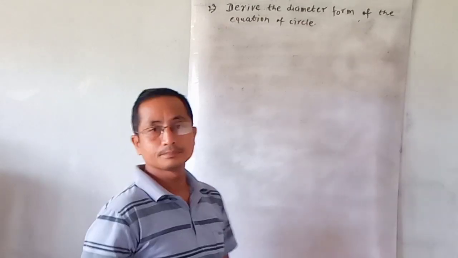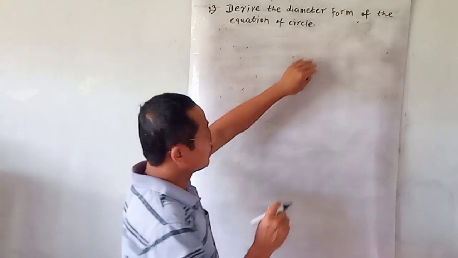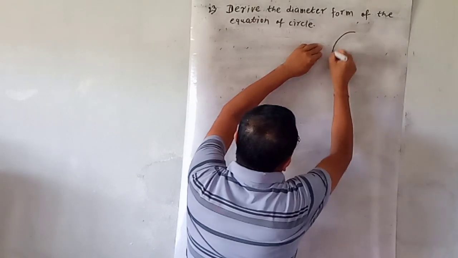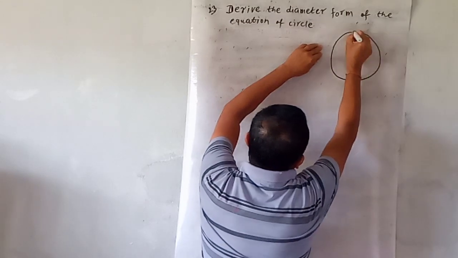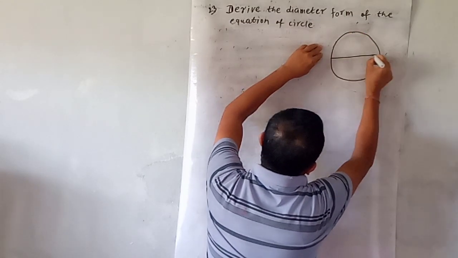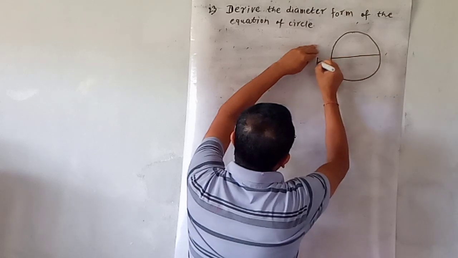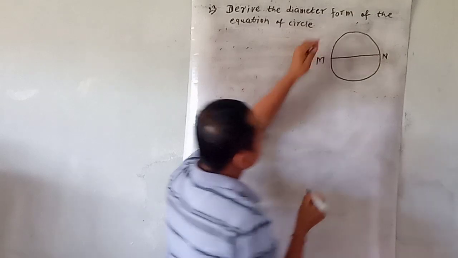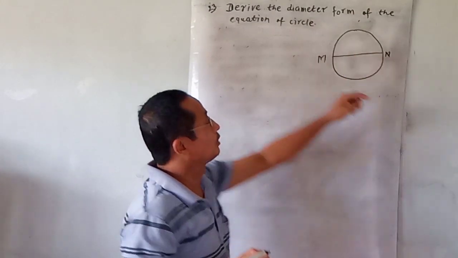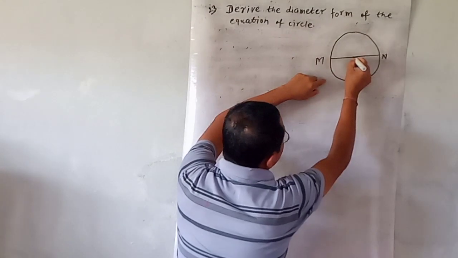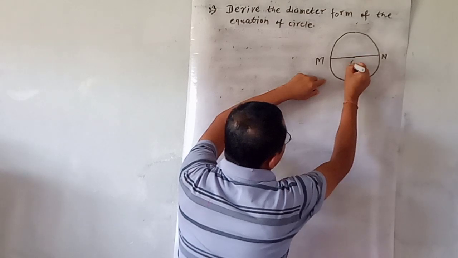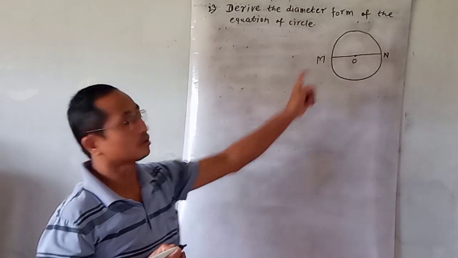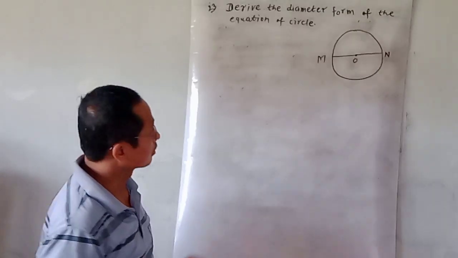So look at here. This is a circle with diameter MN. O is the center of the circle.